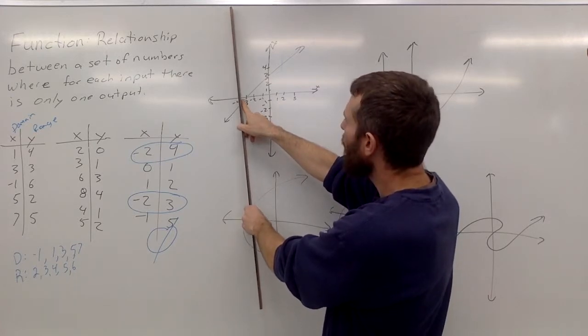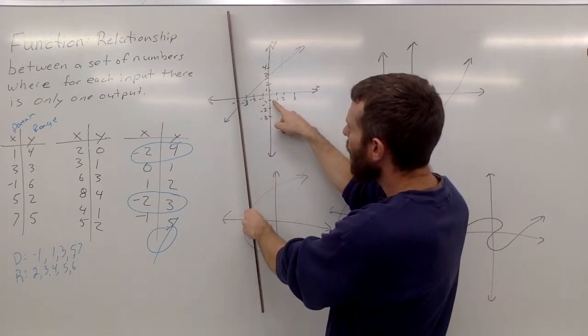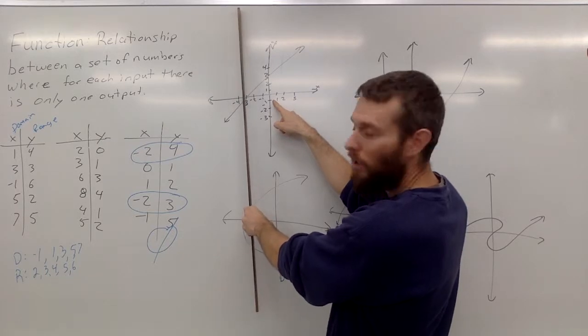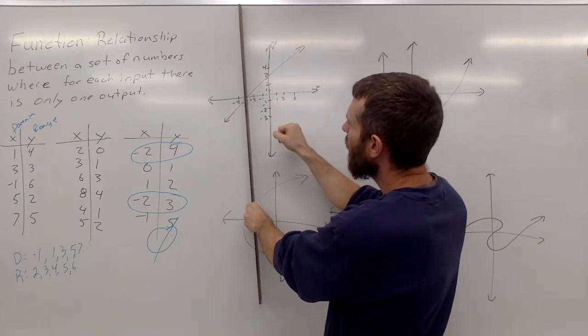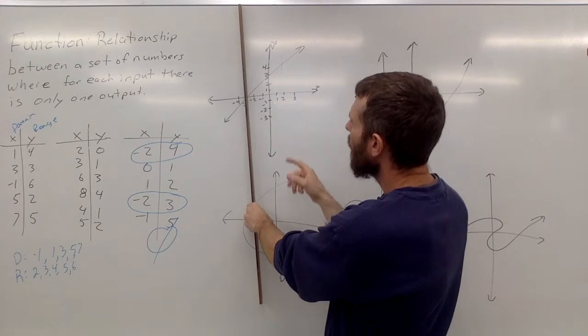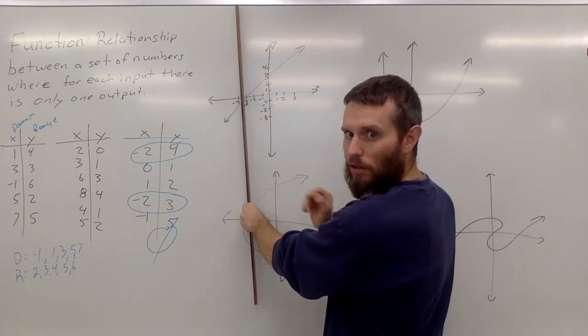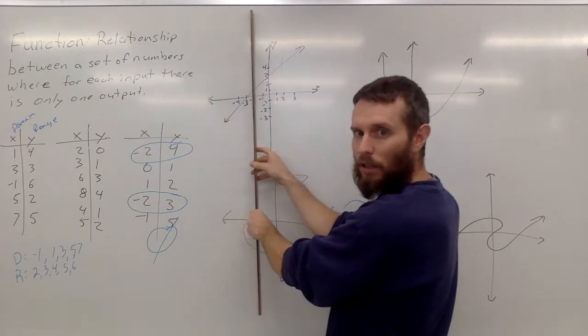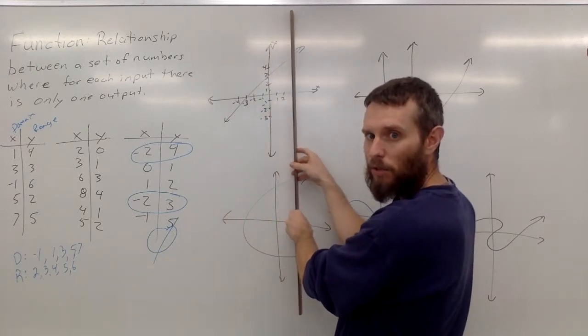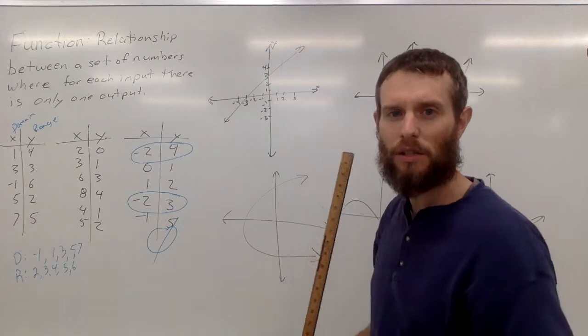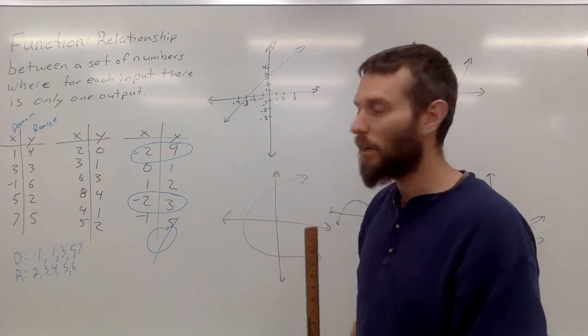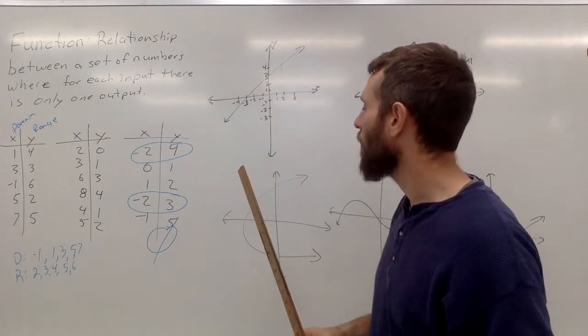Well, where x is -4, y is -1 and only -1. Where x is -3, y is 0 and only 0. So that's why with this vertical line test, if it only passes once as you move across the x-axis, then you're only going to get one output for that value.